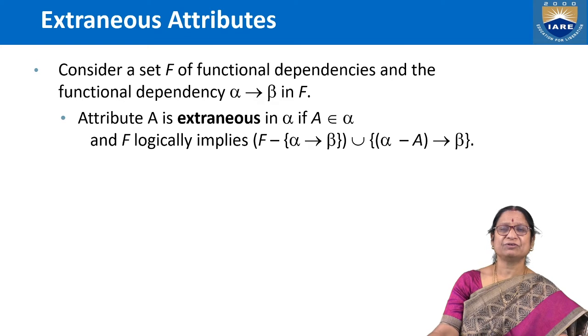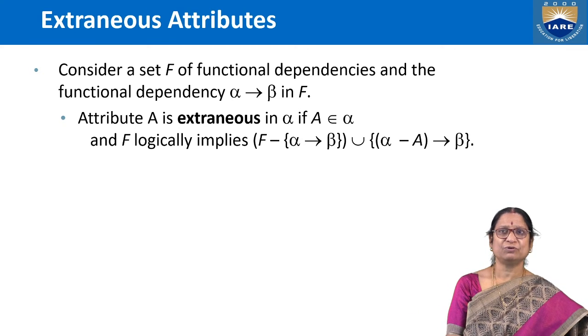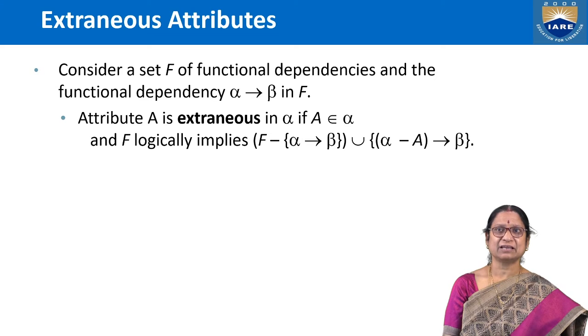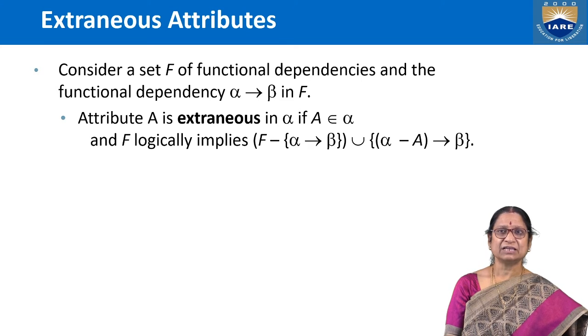For this canonical cover, first we need to find the extraneous attributes. We have to find out what the extraneous attributes are. Given a set F of functional dependencies and the functional dependency alpha determines beta in F, the attribute A is known as extraneous in alpha if A belongs to alpha and F logically implies, that is, F is the set of functional dependencies, so F minus (alpha determines beta) union (alpha minus A determines beta).